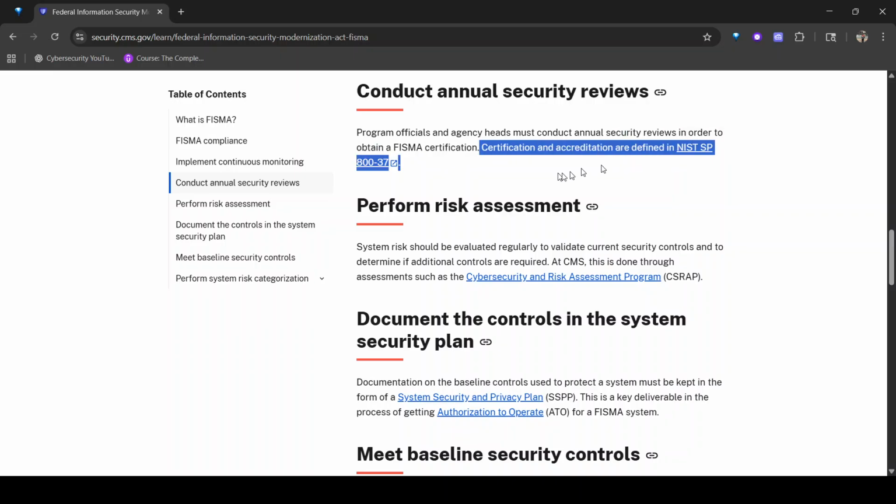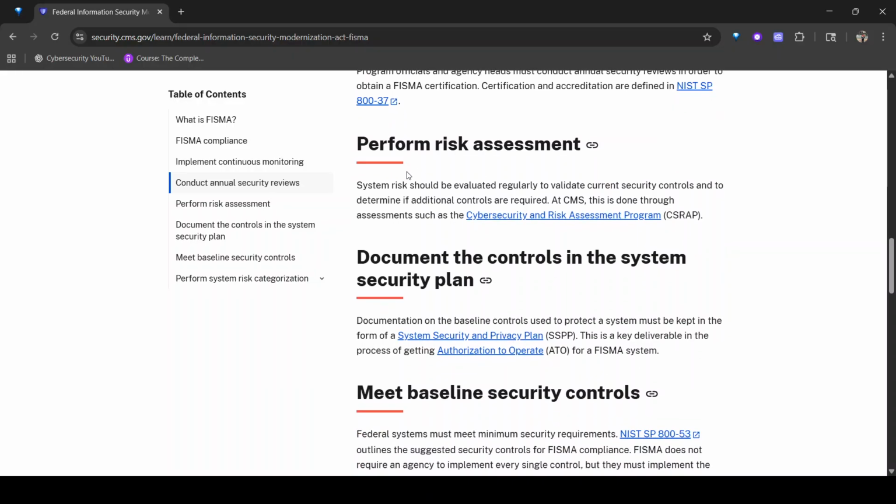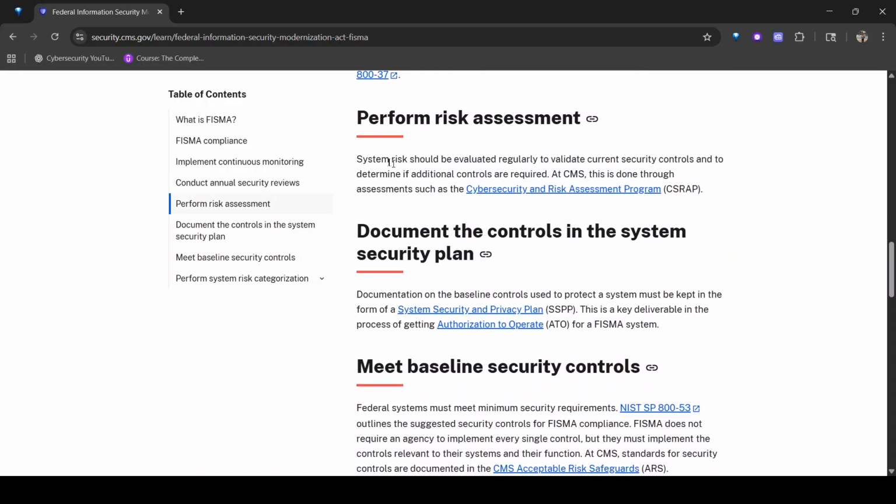Certification and accreditation are defined in NIST SP 800-37, and these organizations also have to regularly perform risk assessments to validate their security controls and determine if additional controls are required. At CMS, this is done through assessments such as the Cybersecurity and Risk Assessment Program, or CSRAP.